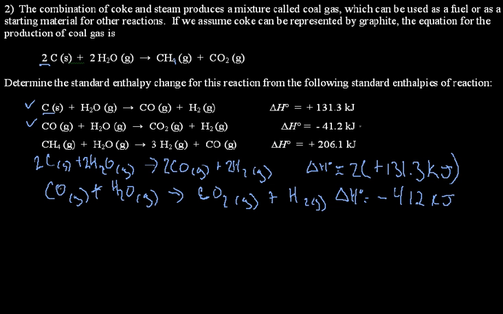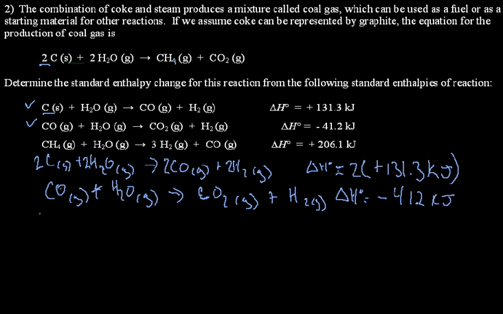And then finally, let's take a look at this last equation. How can we set this up? Well, here's methane, CH4, carbon tetrahydride. And here's methane, carbon tetrahydride here. Same coefficients, 1 and 1. However, here we've got it as a reactant. Up here, we have it as a product. So we're going to have to switch this. We're going to have to flip it around.